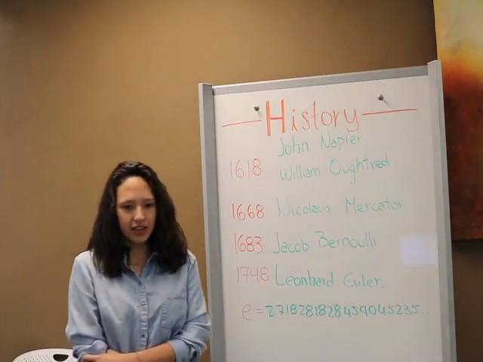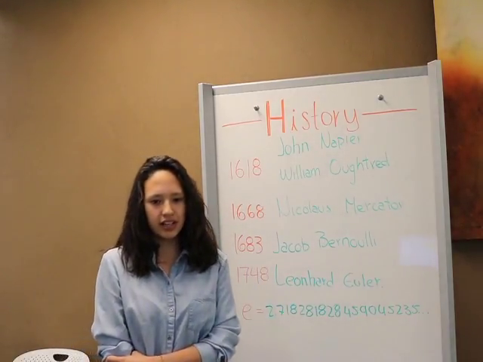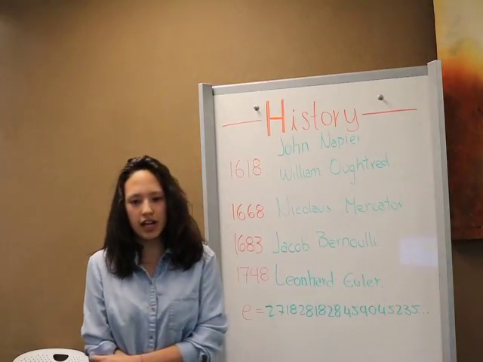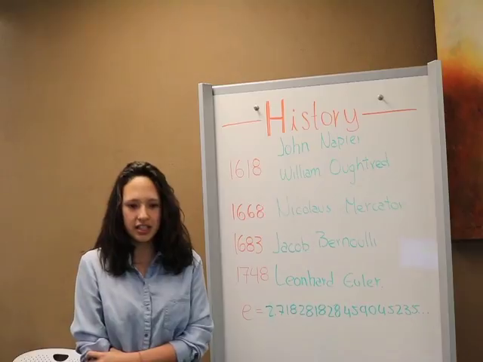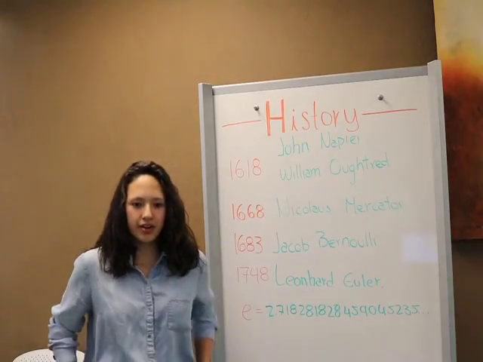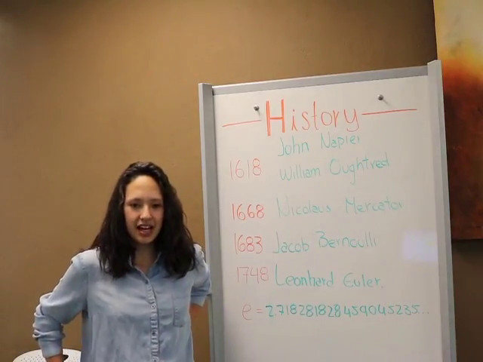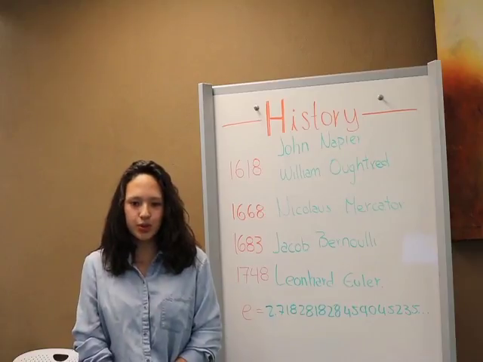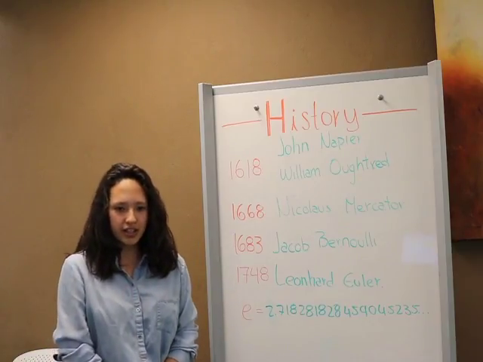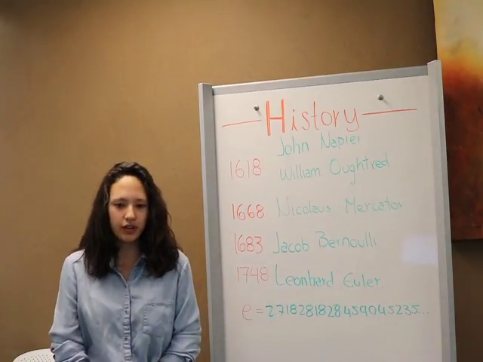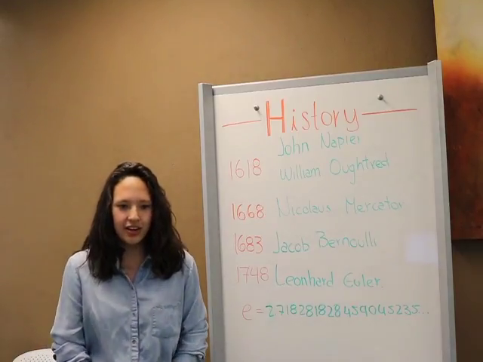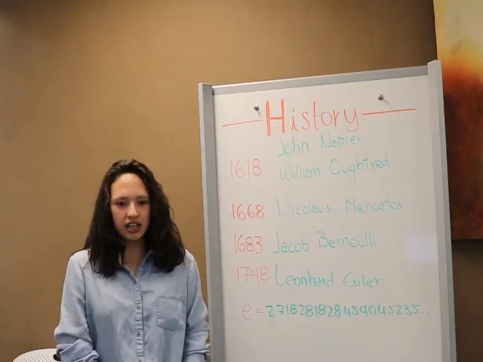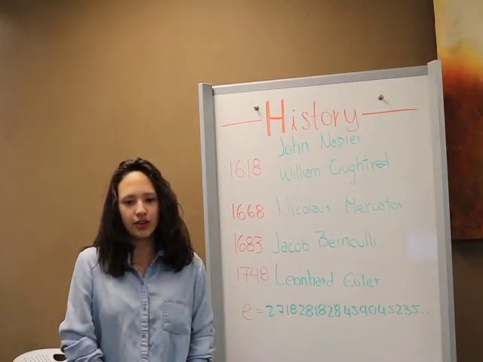Later, in 1683, Jacob Bernoulli tried to find the limit of 1 plus 1 over n to the power of n as n tends to infinity. He used the binomial theorem to show that the limit had to lie between 2 and 3, so we could consider this to be the first approximation found of E. Finally, in 1748, Leonhard Euler published Introductio in Analysin Infinitorum.